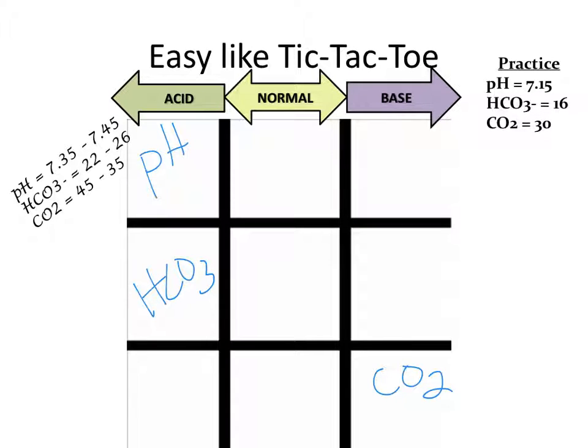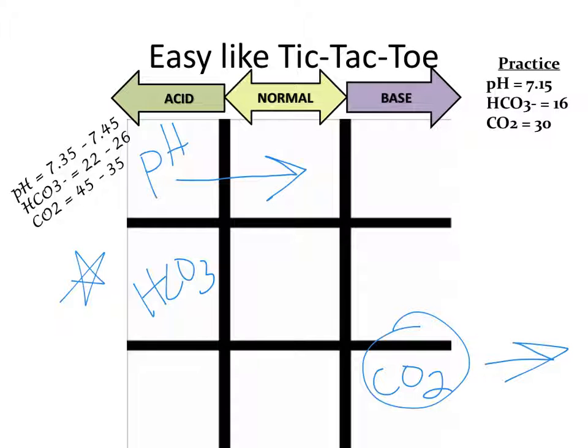The bicarb is on the same side as the pH. So now we know it's metabolic. Metabolic acidosis, but we have this guy over here that's out of range as well. So what's happened is the respiratory system is trying to pull that pH back over into the normal by moving itself over into the basic side of things.